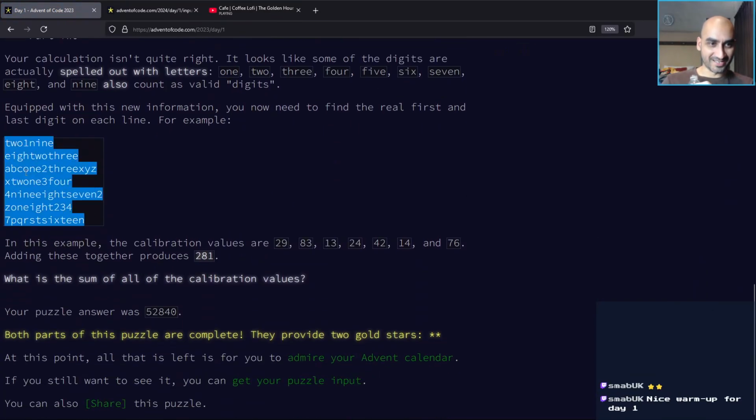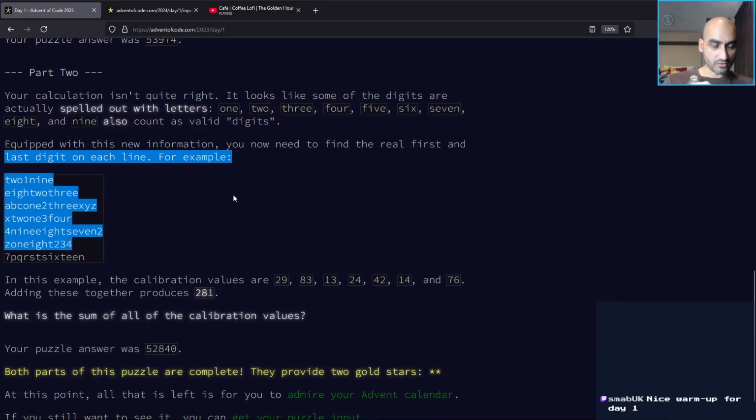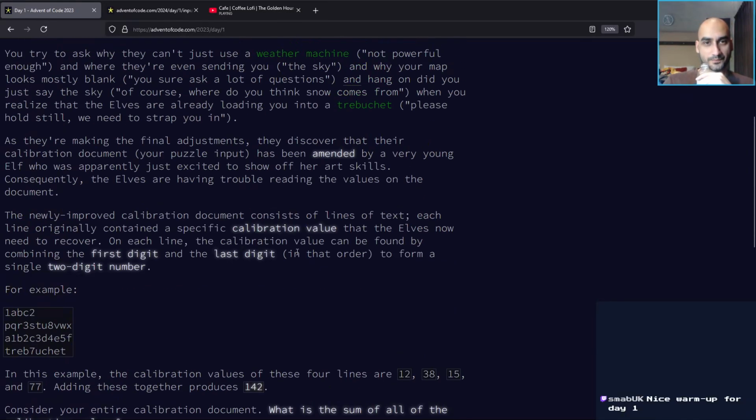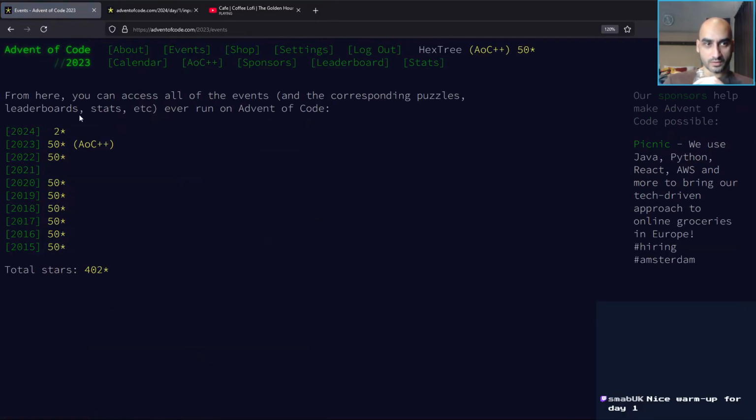Yeah, this one, the infamous. What was the particular case that caught people out? Well, it's not here. It's in the input, I guess. No tricky ones today. Well, no tricky day 1 problem.